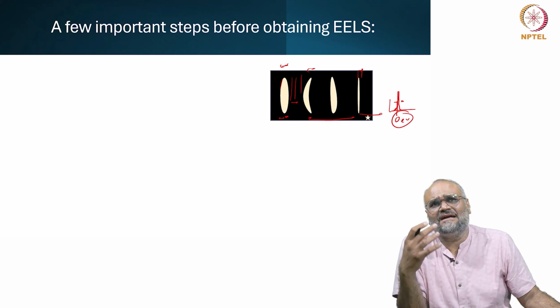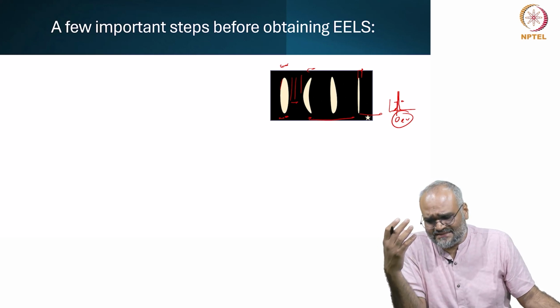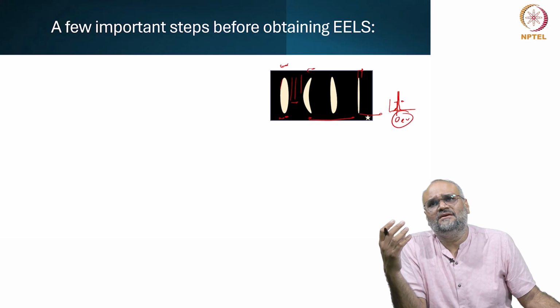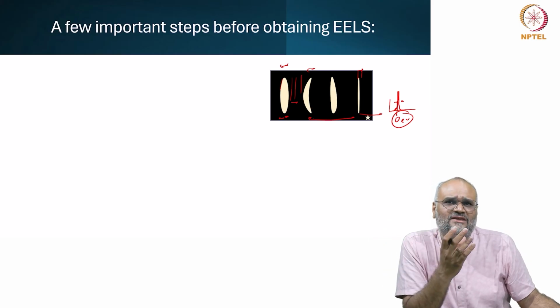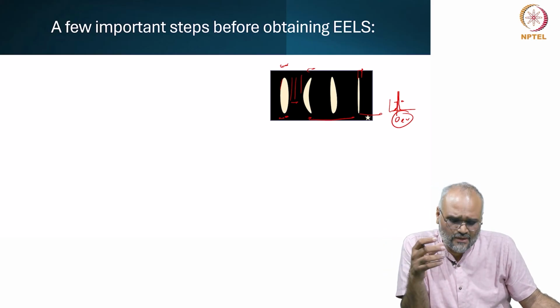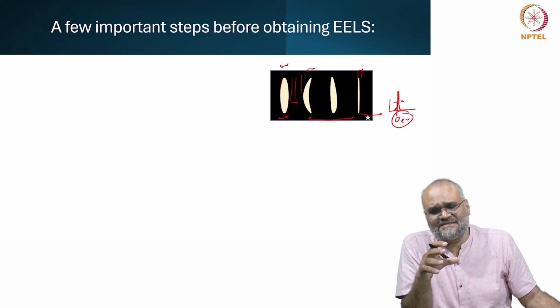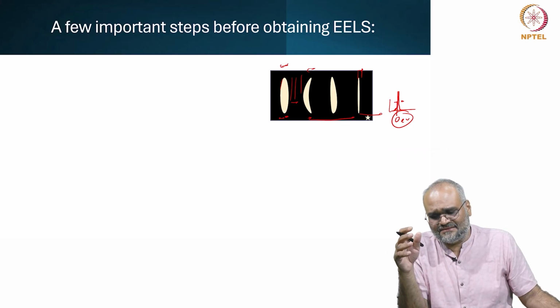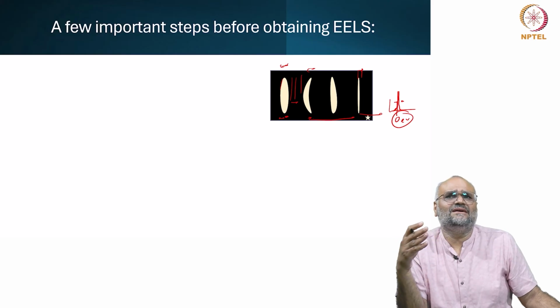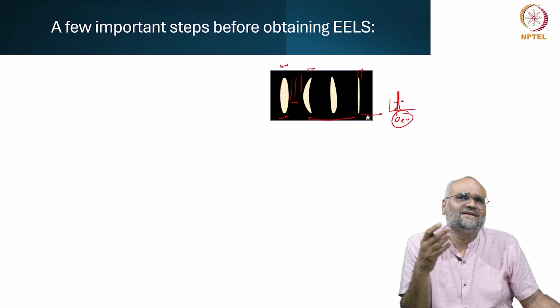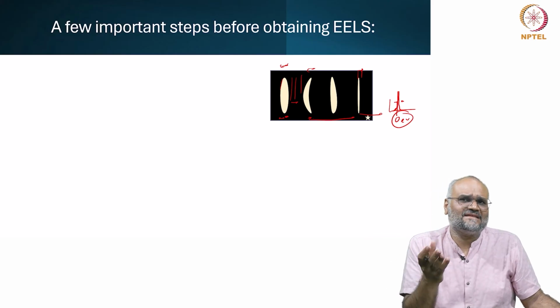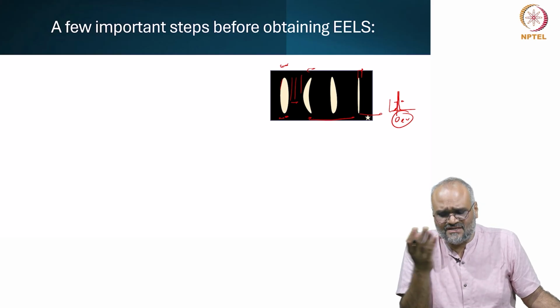So before you start obtaining the EELS information from a sample, you go to the vacuum region within the specimen, go to a hole, and just look at how the zero loss peak looks, and when there is no inelastic scattering and no interaction with the specimen, all the signal you will collect is of course the zero loss spectrum.